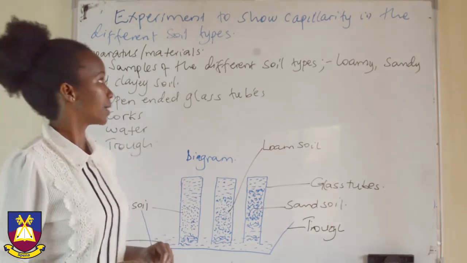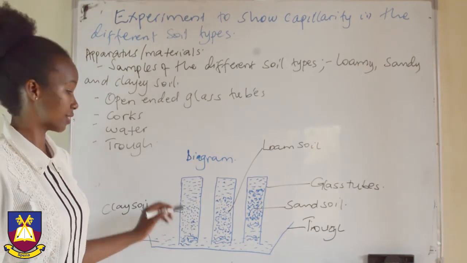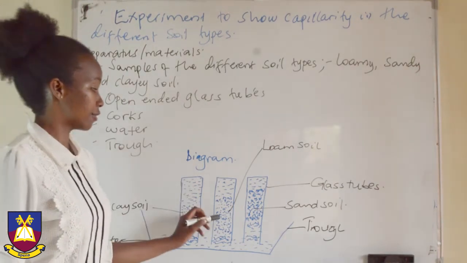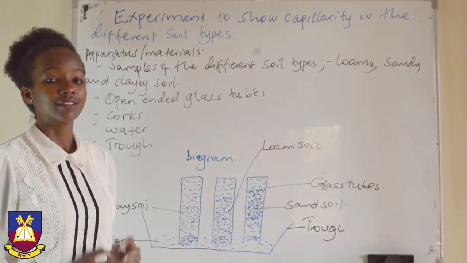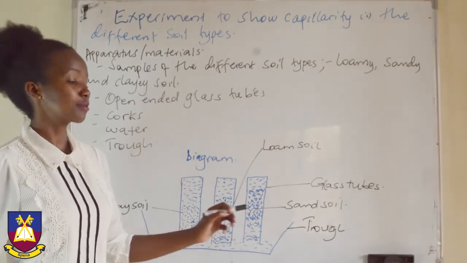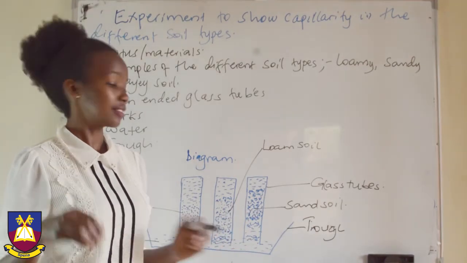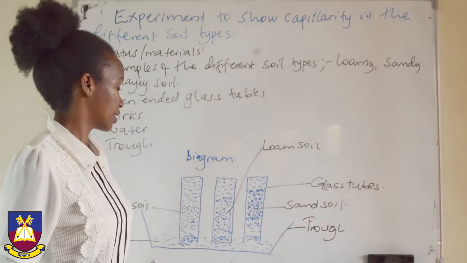So we can conclude by saying that capillarity took place greatest in clay soil, followed by loamy soil, and sandy soil had the smallest capillarity. However, it's the one that experienced the fastest movement of water immediately after we had started the experiment.